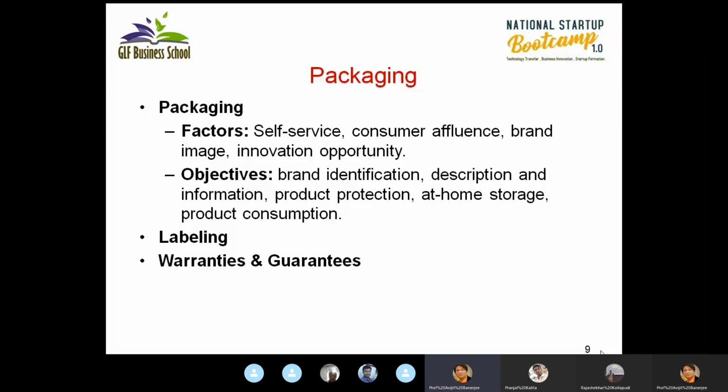There are various factors that contribute to the growing use of packaging as a marketing tool. These factors are self-service, consumer affluence, company and brand image, and the innovation opportunity. Packaging must achieve a number of objectives: identify the brand, convey descriptive and persuasive information about the product, facilitate product transportation and protection, assist at-home storage, and aid product consumption.